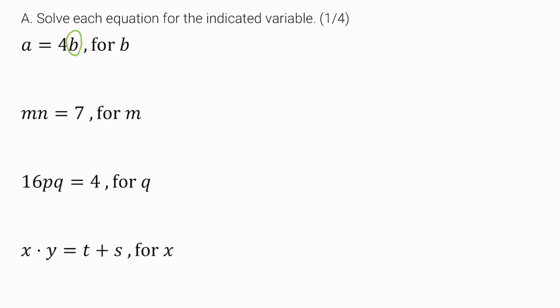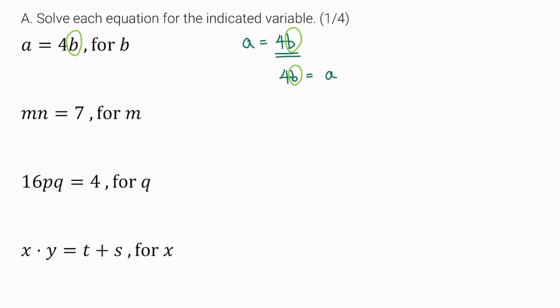A is equal to 4b, and I am going to solve for this b. So I am going to place the variable we want to solve for on the left side of the equation. So 4b is equal to a, and I want to isolate this variable b and get rid of everything else.